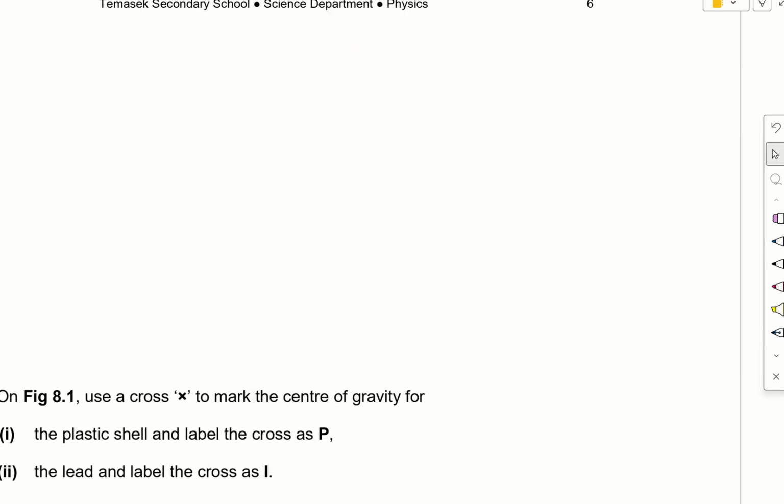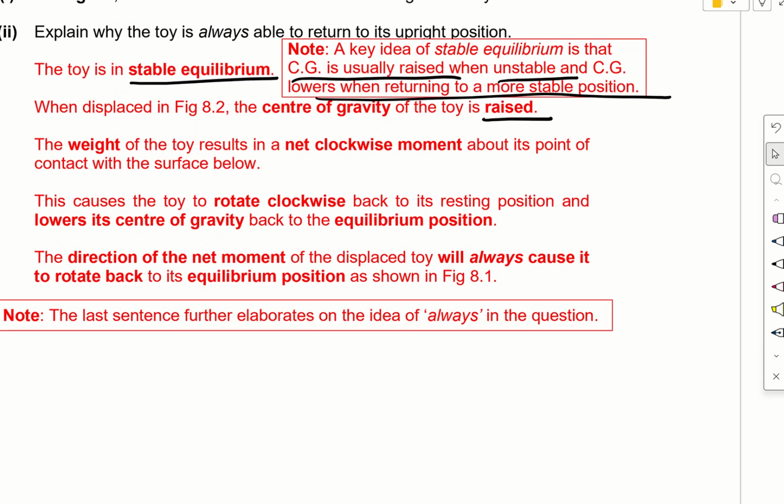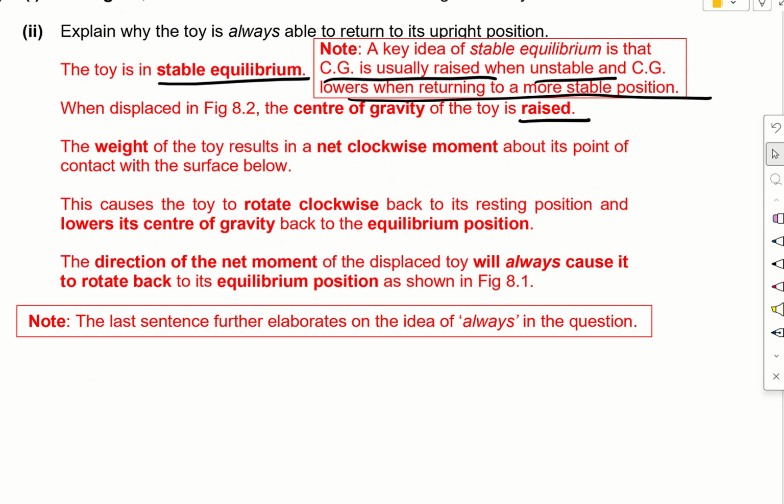And when the CG goes higher, the CG is raised, as mentioned over here. Therefore, it will result in a stable equilibrium. So for stable equilibrium, it means that the CG is raised when it's displaced, and therefore it will return by lowering the CG.